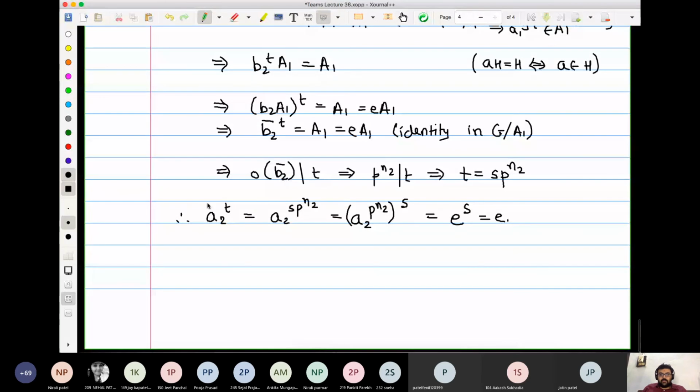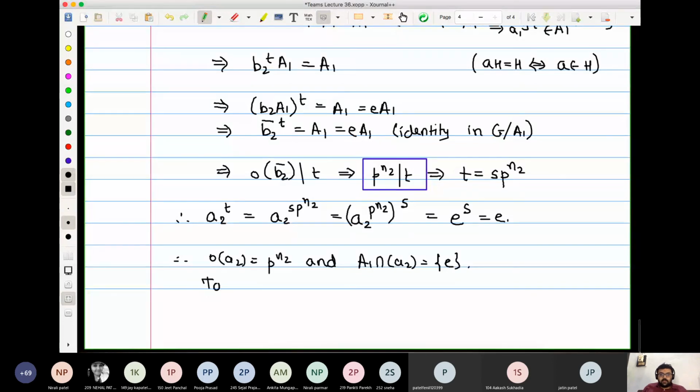And so see, P power N2 divides T, and if any power of A2 power T is identity, then that is divisible by P power N2. So that is the order of A2. Therefore, the order of A2 equals P power N2, and A1 intersection the cyclic group generated by this is identity.